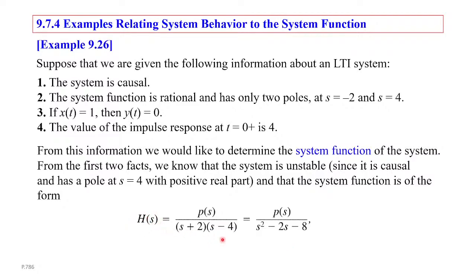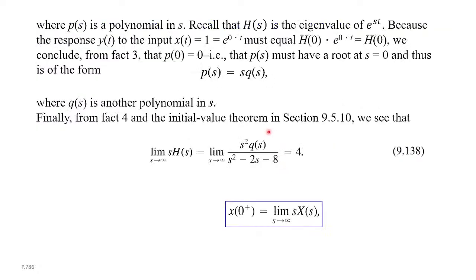So you plug in s equal to 0 here, and you see that P of 0 should equal 0. And so P has one root at 0, so we say P equals s times another polynomial.